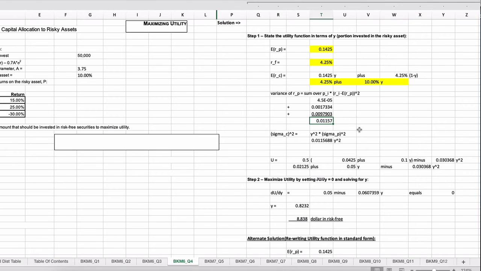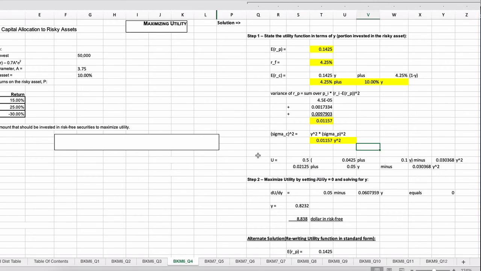Next, we calculate the variance of the risky asset, which is 0.01157. Now we can compute the variance of the complete portfolio, which is the variance of risky asset, 0.01157 times Y squared.